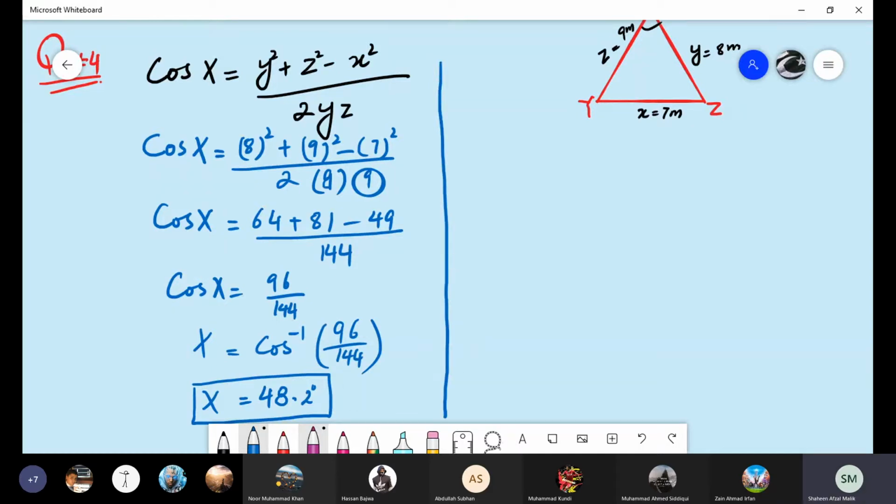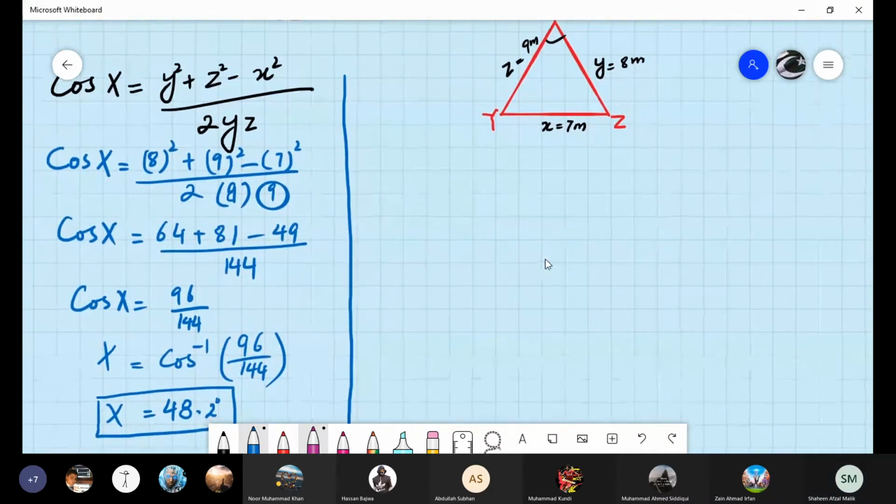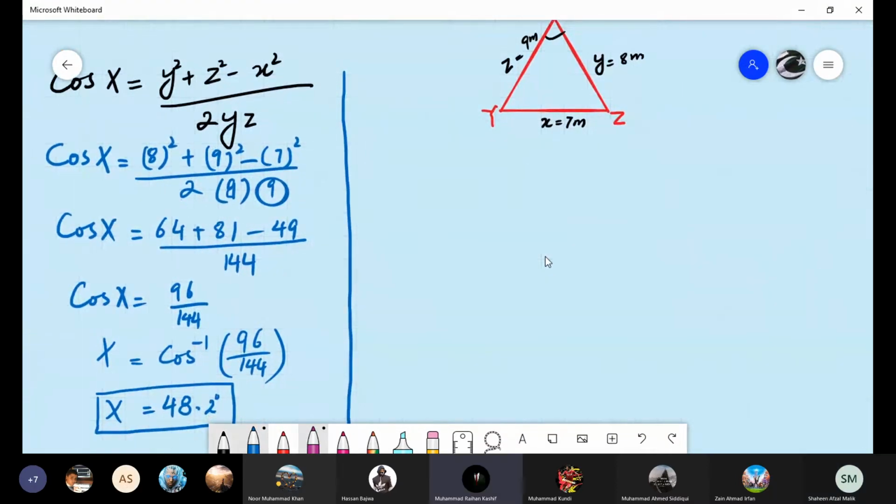Is Rehan Kashif here? Rehan? Yes, ma'am. Rehan, beta, tell me how you will find out angle Y. Ma'am, cos Y is equal to X square plus Z square minus Y square, divided by 2XZ.